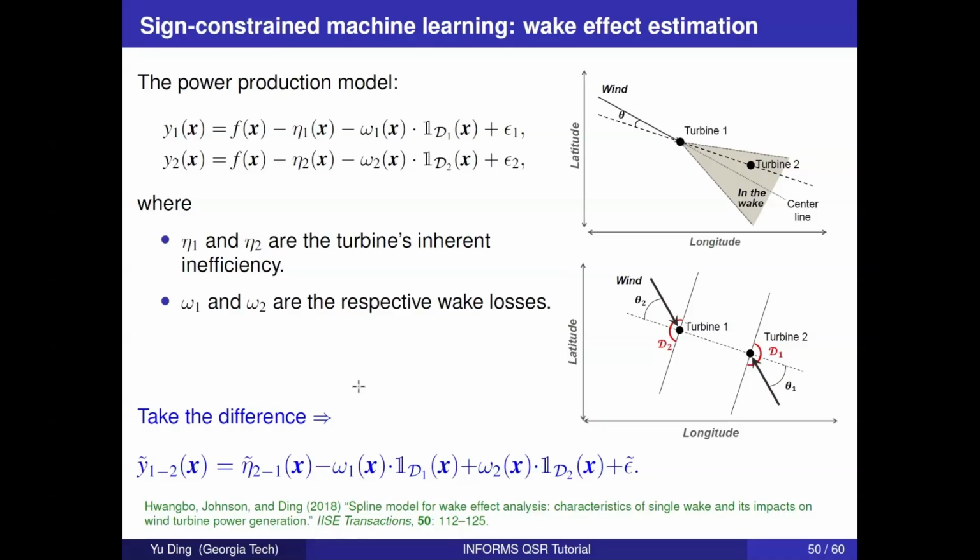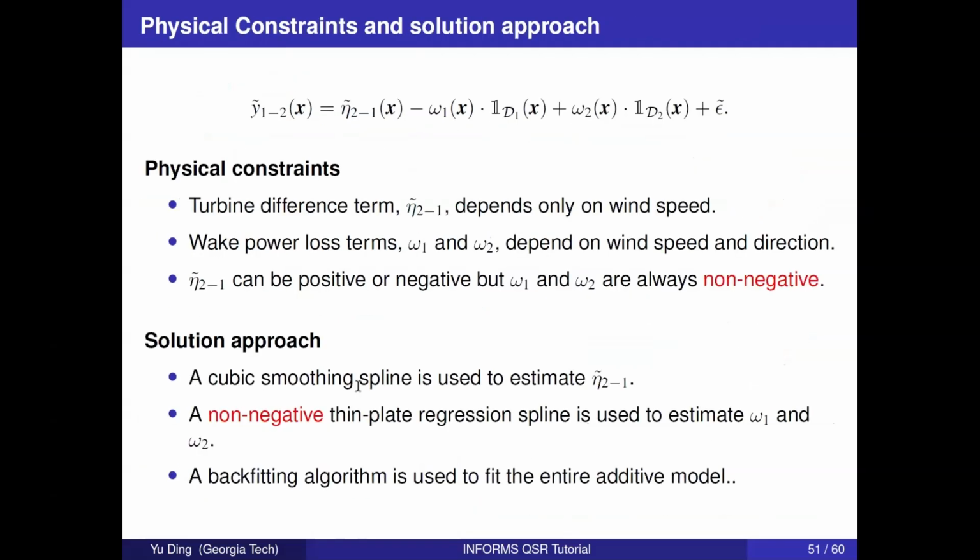We only know the wake effect needs to be non-negative, right? So we use spline functions to estimate the two different terms: a cubic smoothing spline for eta and a simplex regression spline for omega 1, omega 2.